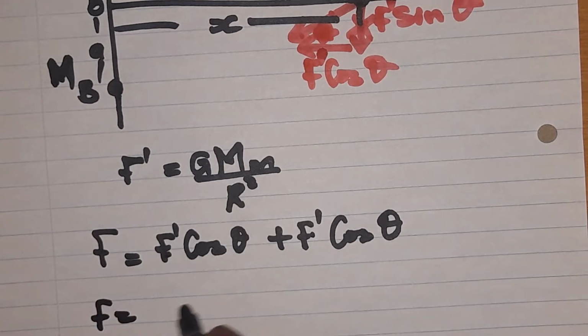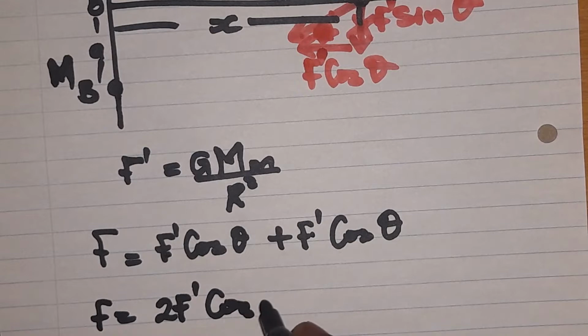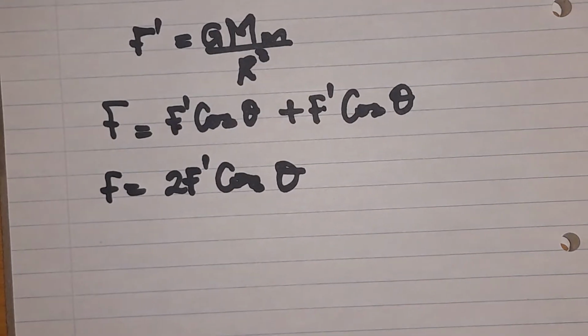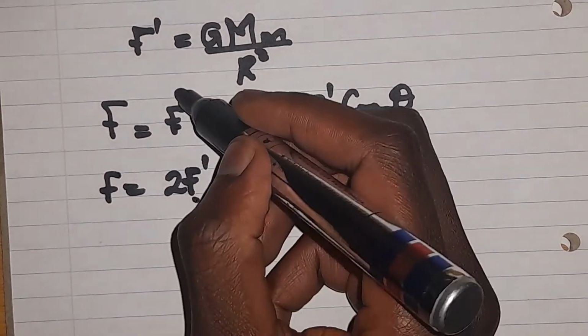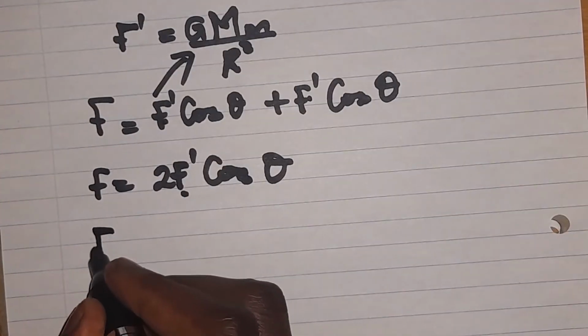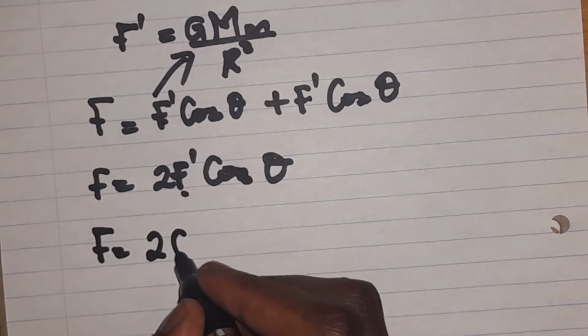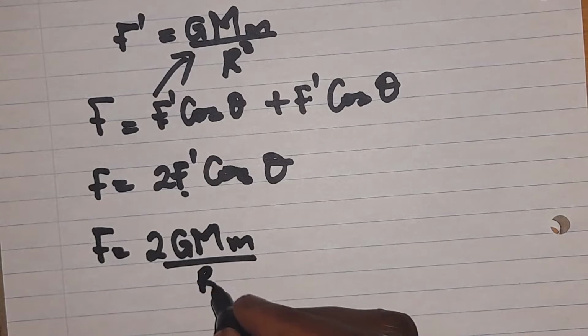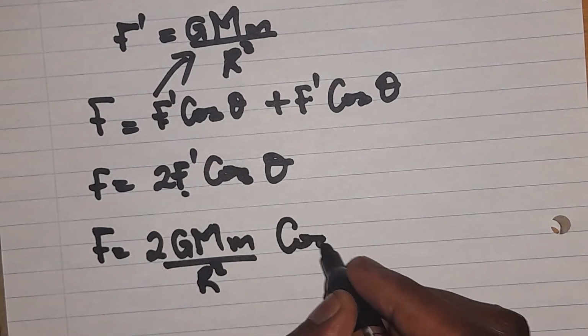F is equal to 2 F prime cos theta. We're still together? But we said our F prime is this much, therefore F is equal to 2 G M m all over r squared, cos theta.